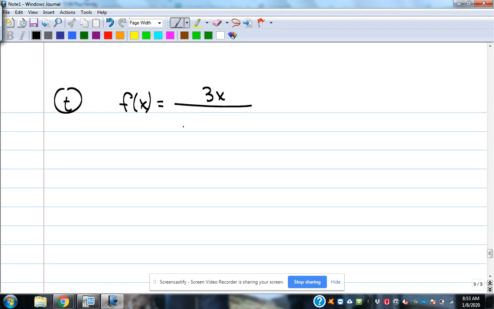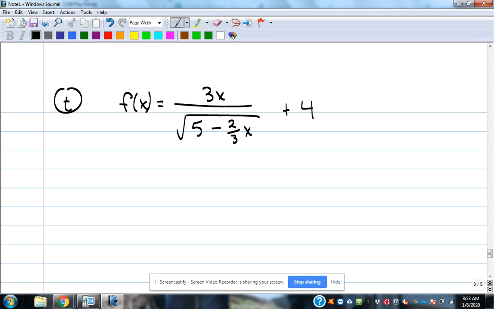Let's get crazy. All right. So we got f of x is equal to 3x over the square root of 5 minus 2/3 x, and then a plus 4 on the outside.